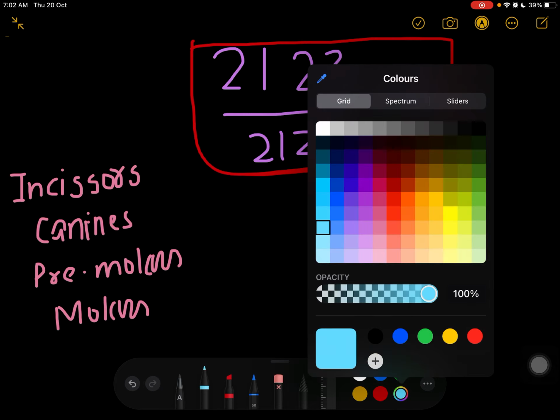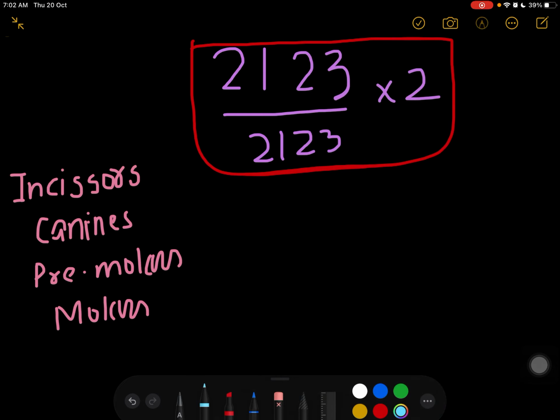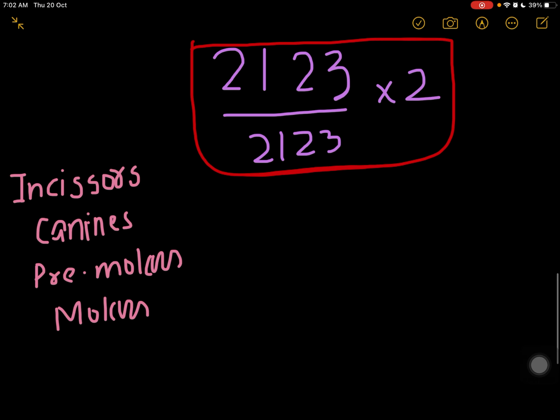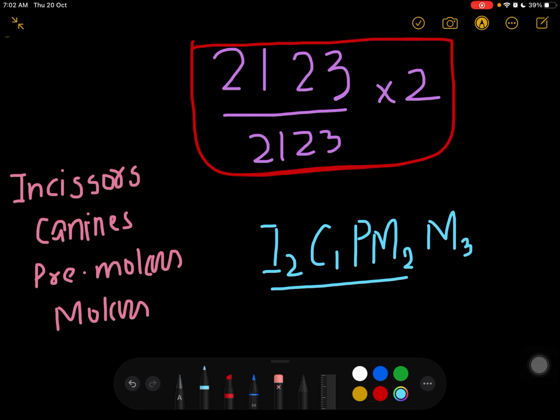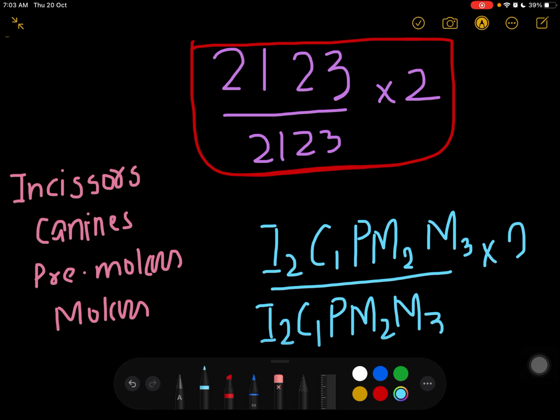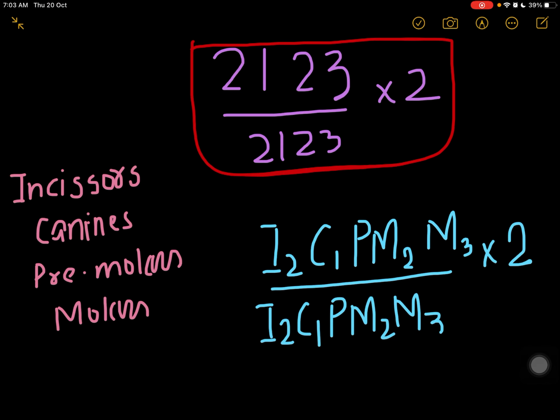So first of all, here it will come I2, C1, PM2, M3. Same over here, I2, C1, PM2, M3 multiplied by 2, right?